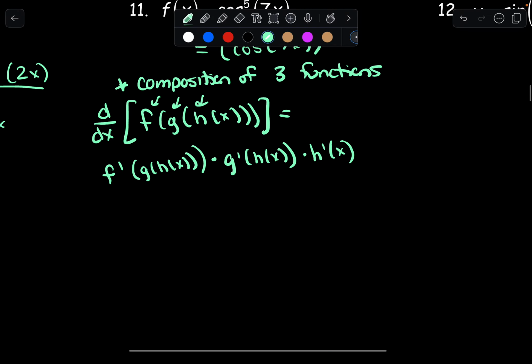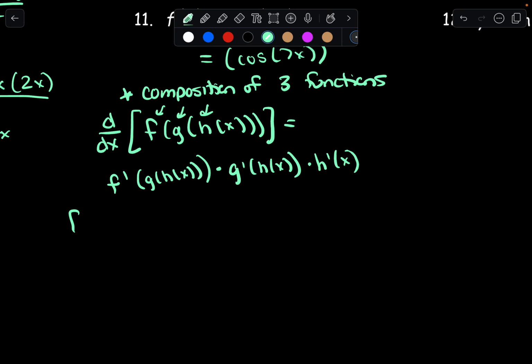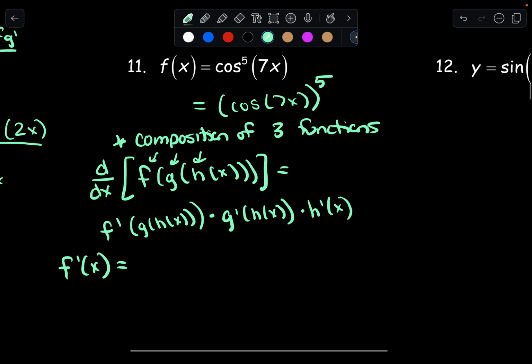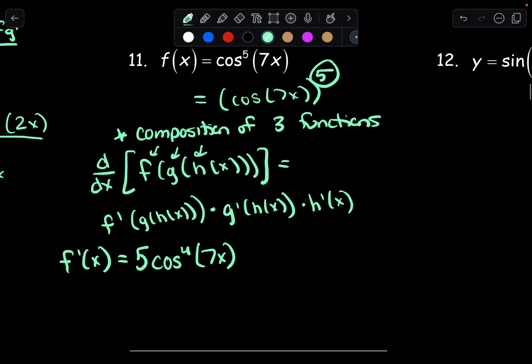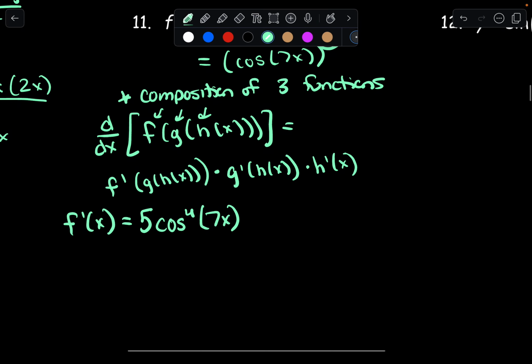All right, so let's try this. So we have f prime of x. The most outer function is going to be that power of 5. So I'm going to bring the 5 to the front, and then I will have cosine. The new power will be to the 4th, and then I have 7x. Next, I'm going to work my way in.